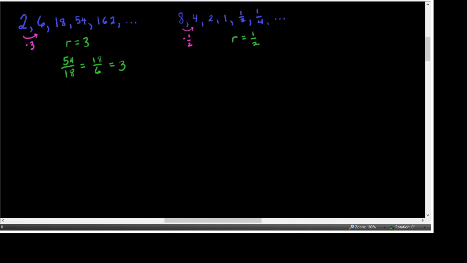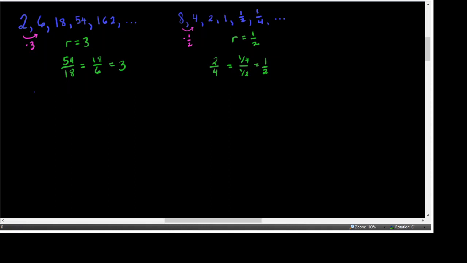And here, like 2 divided by 4, or even 1/4 divided by 1/2, the answer is always 1/2. So that's the ratio that's formed of 2 adjacent members of the sequence. The latter one divided by the earlier one gives you the common ratio. Okay, so that's how we can understand what it is for a sequence to be called geometric.